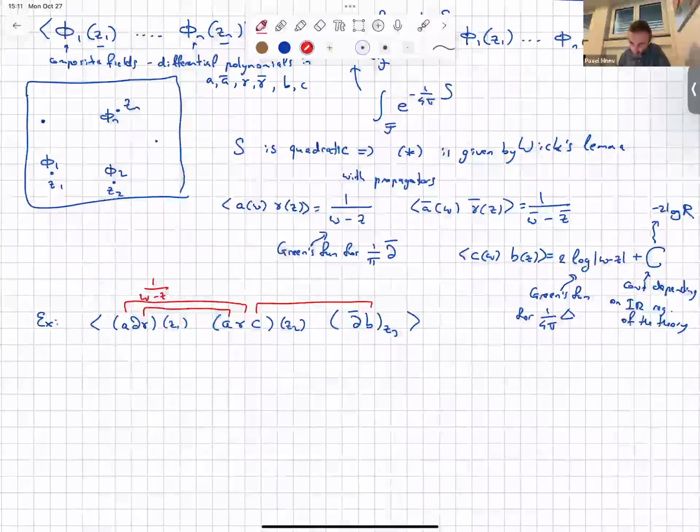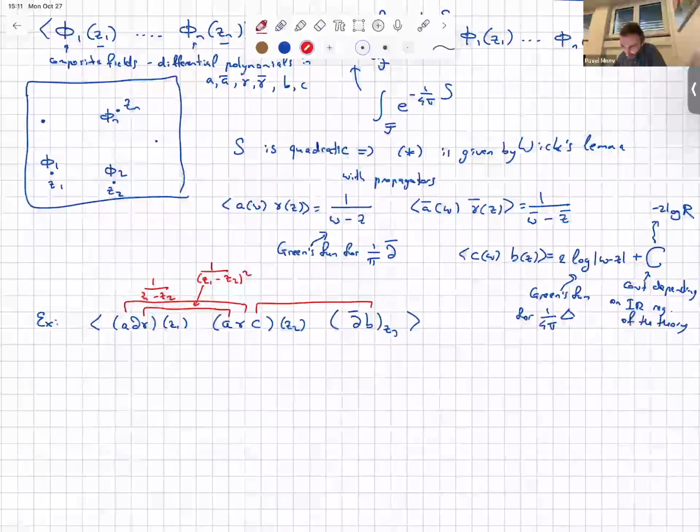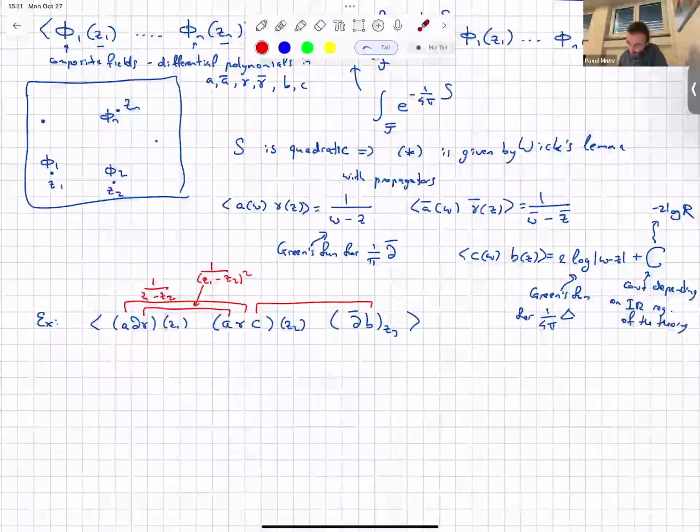Working modulo signs, I would have 1 over (Z1 minus Z2) squared. Then the contraction of C with B gives me this twice log of the distance, but then I need to hit it with del bar with respect to Z3.